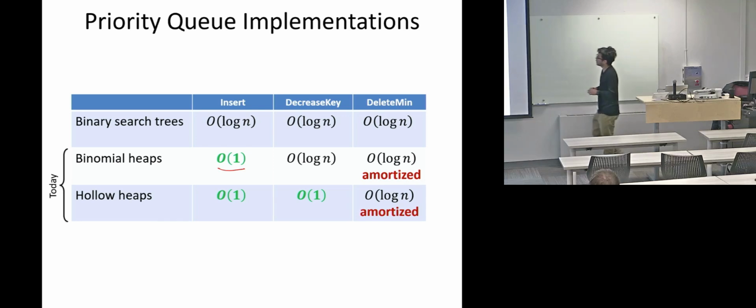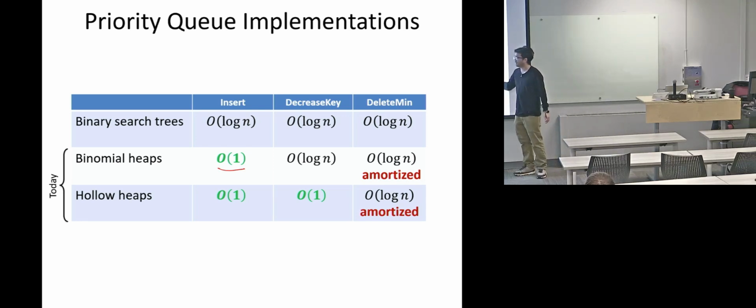Can someone tell me why we cannot hope to improve delete min to O(1) as well? Is this where min has highest priority? Yeah, min has highest priority.